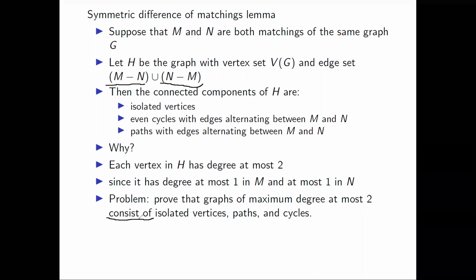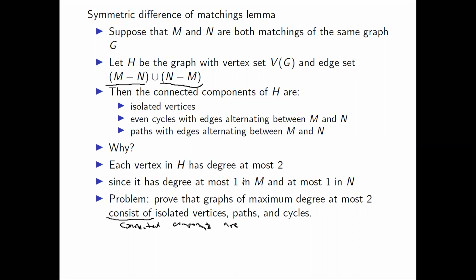When I say consists of, I mean the connected components of them are. So the connected components of these graphs are isolated vertices, paths, and cycles.